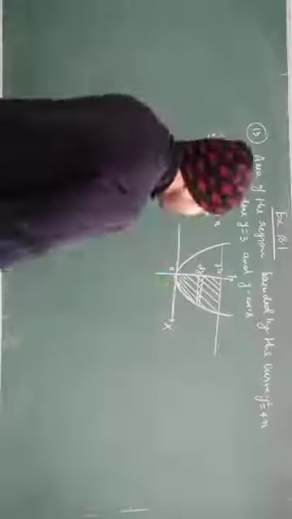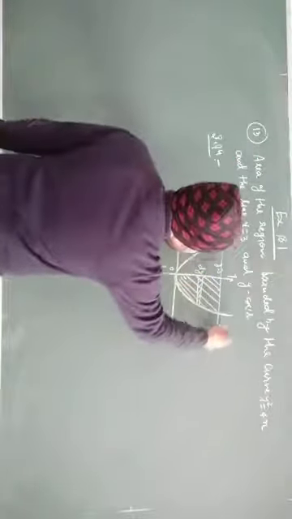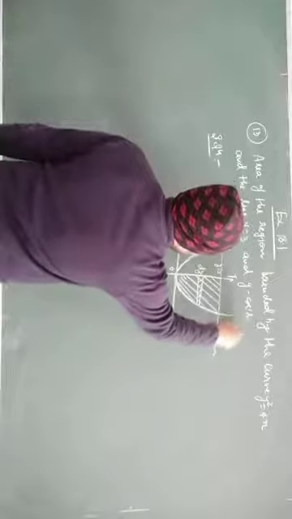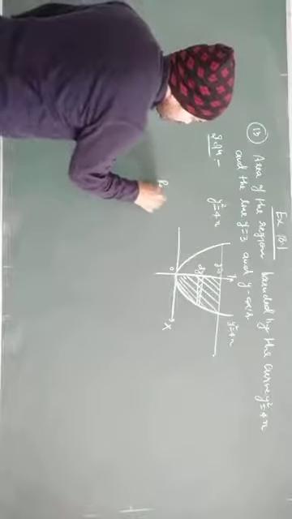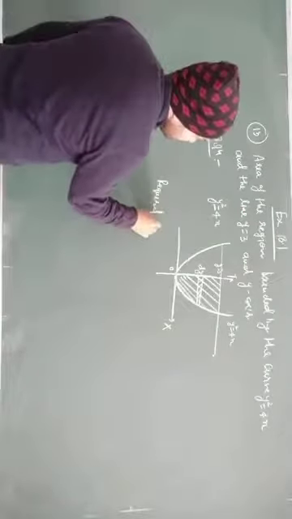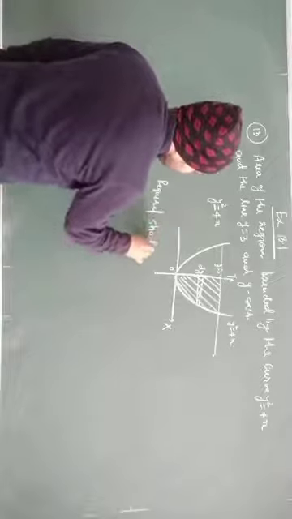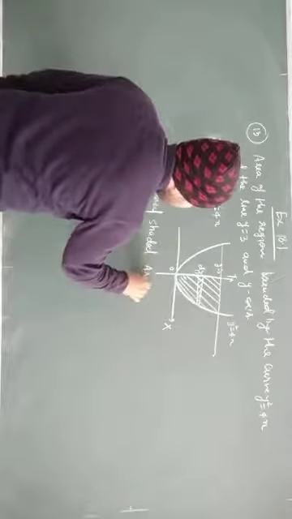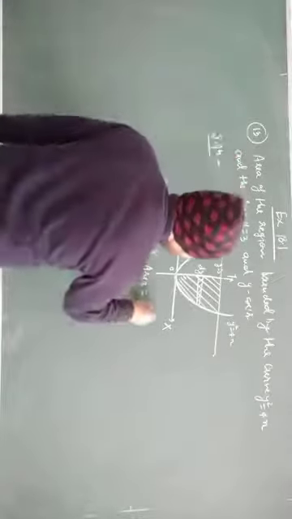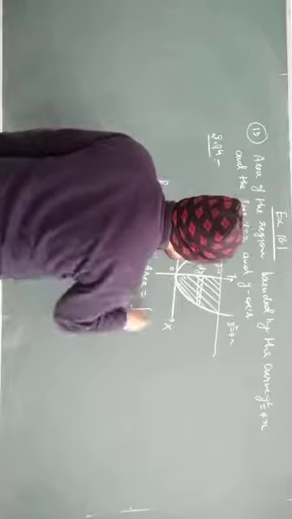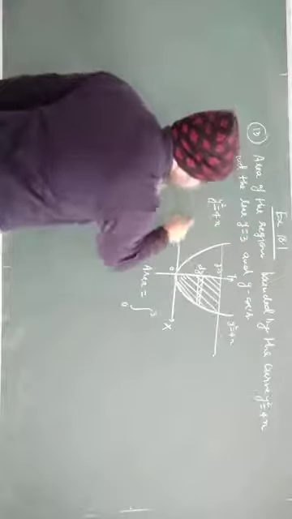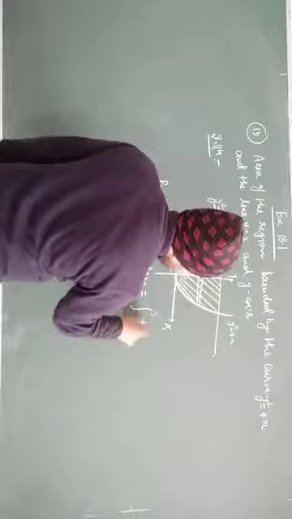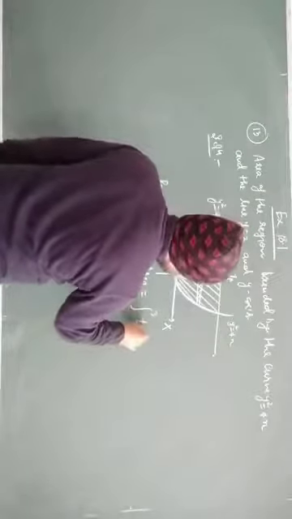This region is bounded by the line y equal to 3, the curve y square is equal to 4x, and the y axis. So the required shaded area is equal to the integration over 0 to 3 of x dy.